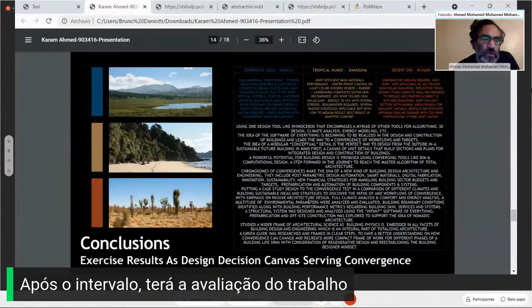It's very important, and it has been all the time, in the building design industry and engineering and architecture, that many decisions are made in the wrong way, and they are not considered at the beginning of the design. So by running an exercise like this, we can have a canvas of the decisions to make.